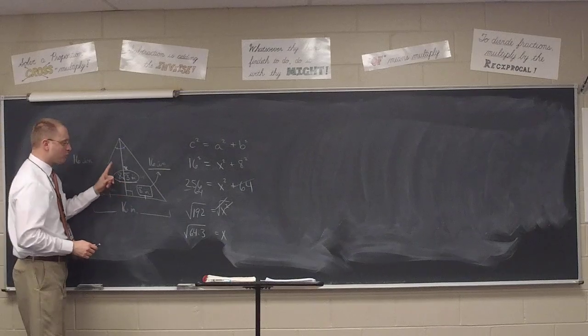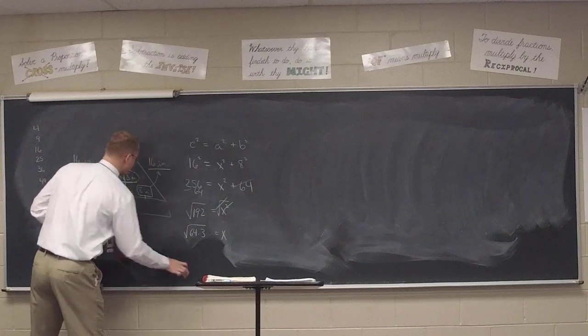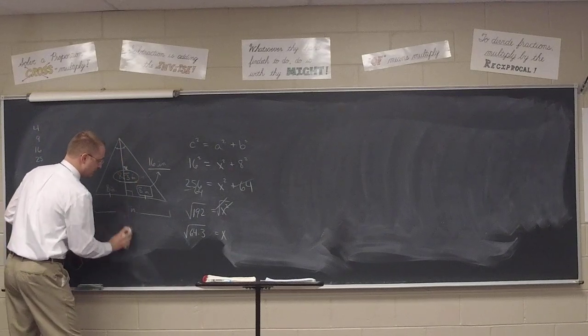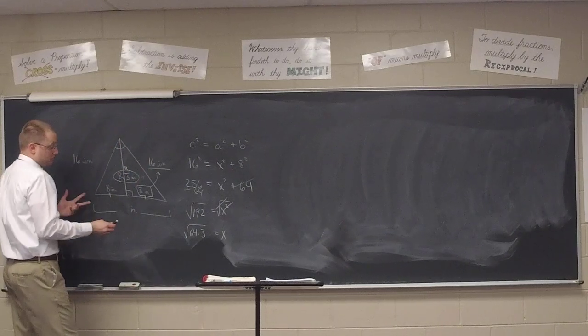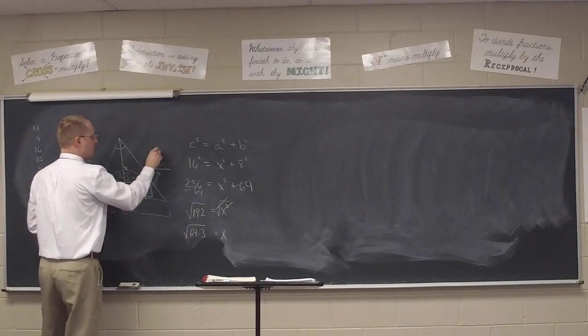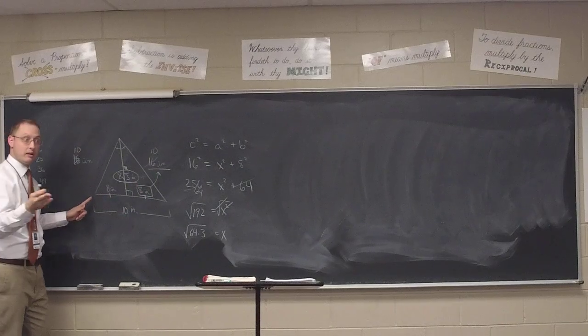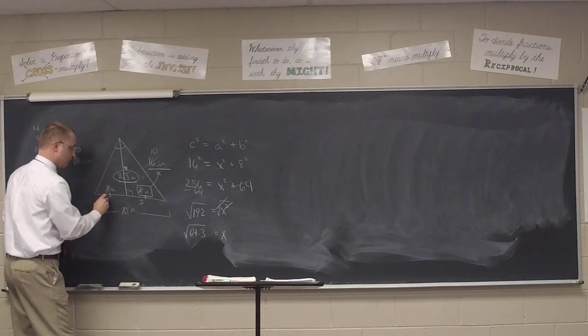And then 8 times the square root of 3. Think with me for just a moment. Suppose the sides had been, not 16, but 10 inches. Well, then these two pieces wouldn't be 8 each, class. They would be 5 each, wouldn't they?